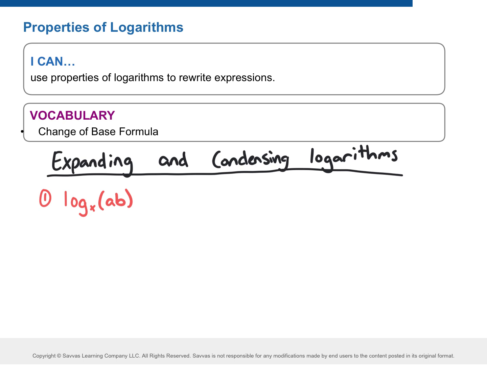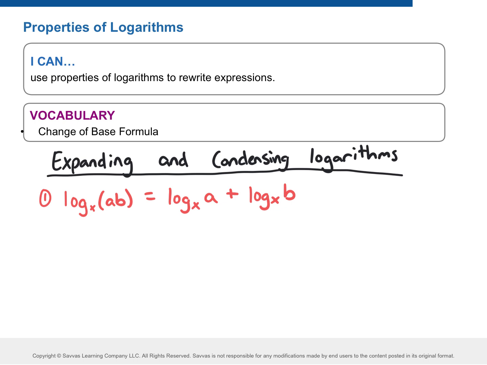Operation. Multiply, add, subtract, divide. They're multiplying together, okay? So when we rewrite this, we are going to have a log go to both of these. So I'm going to rewrite log base x of A. When they're multiplying, when we expand it, we are going to be adding them together. So plus, and then the other one is log base x of B.